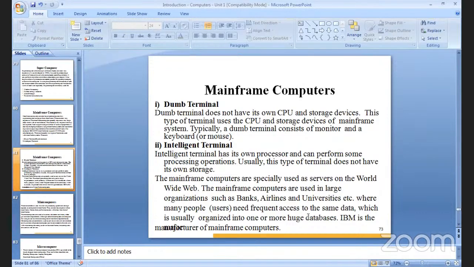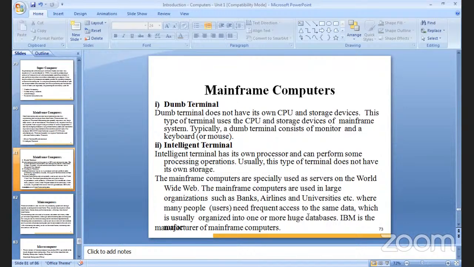And the second one is an intelligent terminal. It has its own processor and can perform some processing operations, but at the same time, it does not have its own storage capacity.